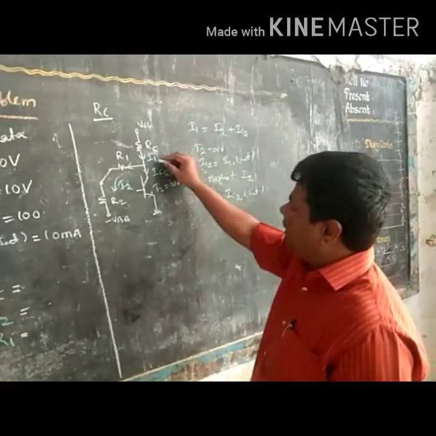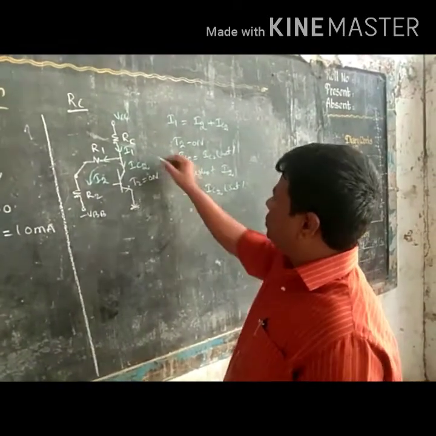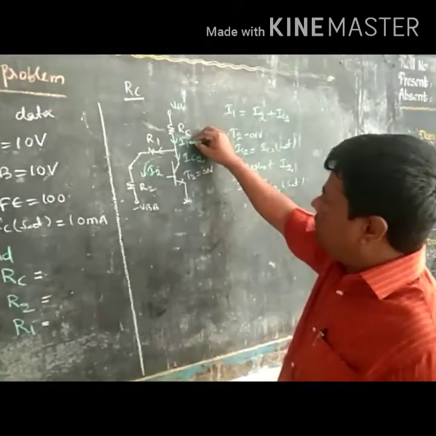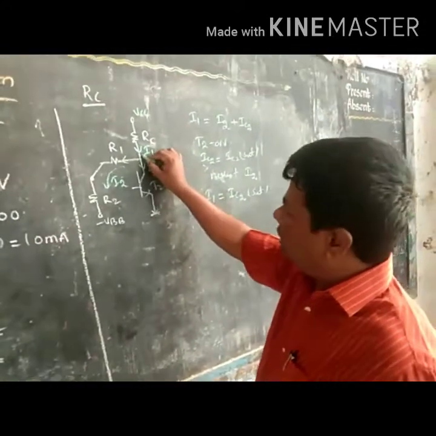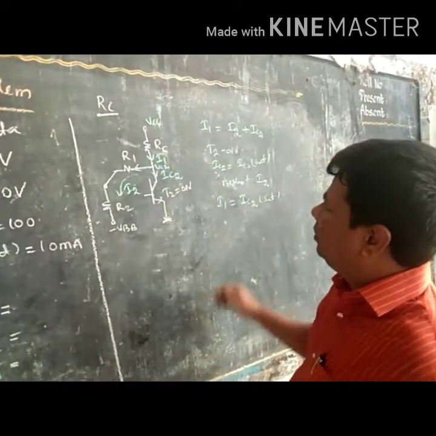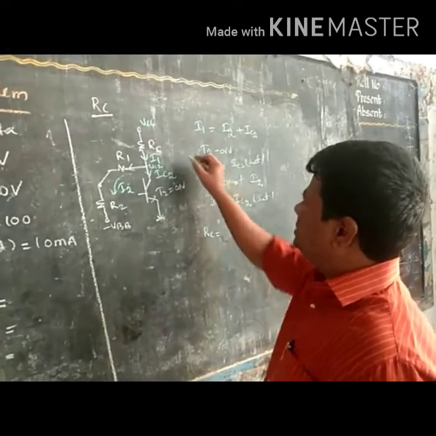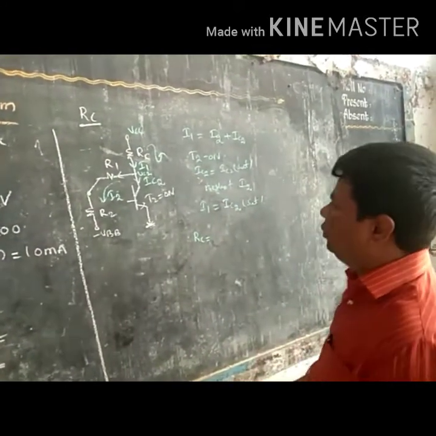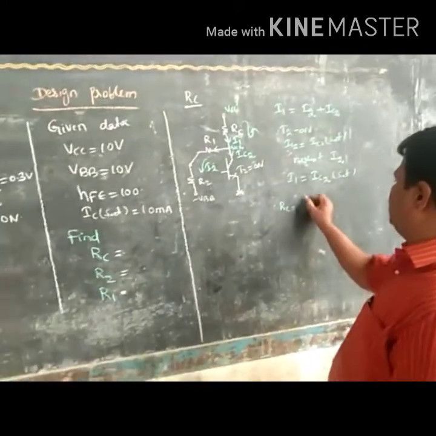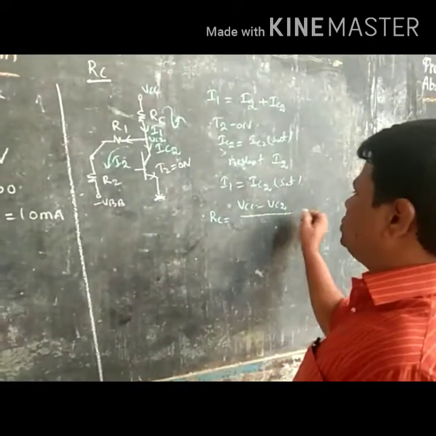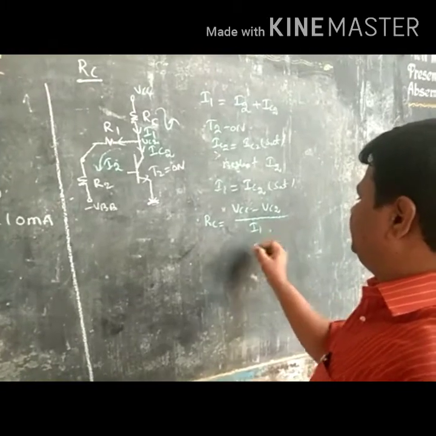Once you know that the current I1 is equal to IC2 saturation, we know the VCC value, we know the I1 value, and we know the VC2 value also. Based on these, find RC. Just simply apply KVL at the outside loop. RC is equal to VCC minus VC2 divided by I1.